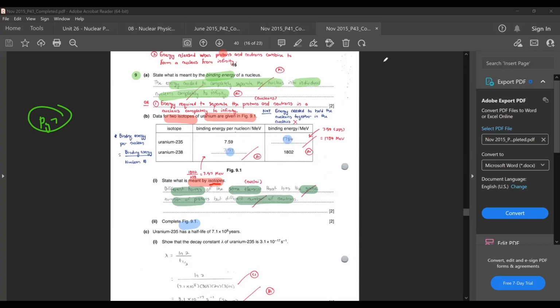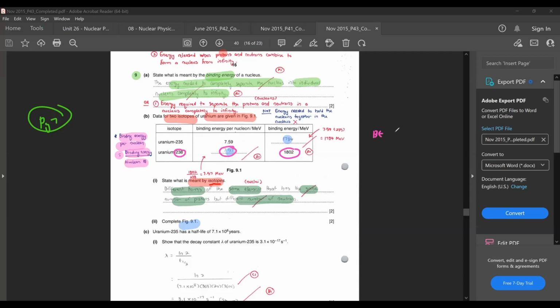So in the first place, it was already mentioned to you before that binding energy per nucleon is just binding energy divided by nucleon number. So if you want to find binding energy per nucleon, you just take binding energy divided by your nucleon number. This one will be your binding energy per nucleon.